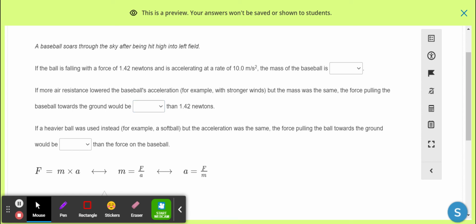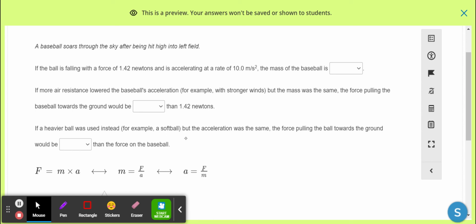So maybe you plug in an acceleration that is less than 10.0, maybe like 8.0 or 5.0, and test out what happens to your answer when you use the mass of the baseball you figured out here and that lower acceleration. Does your force come out to be bigger or smaller than 1.42 newtons?